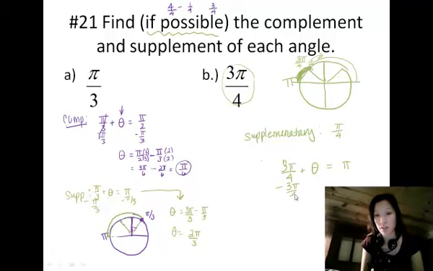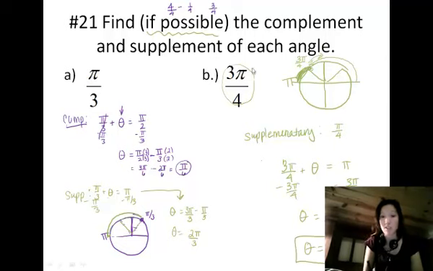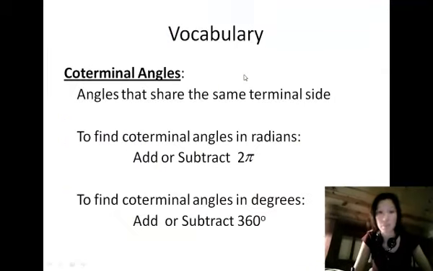And when we subtract 3/4 from both sides, what we get is theta is equal to pi minus 3/4, and I need a common denominator, so now I can just subtract straight across the top, pi/4, just like we predicted. Alright, so pi/4 is the supplementary angle to 3/4 because they add up to be pi.